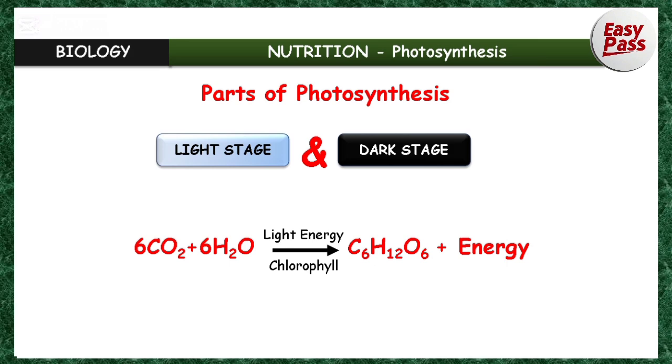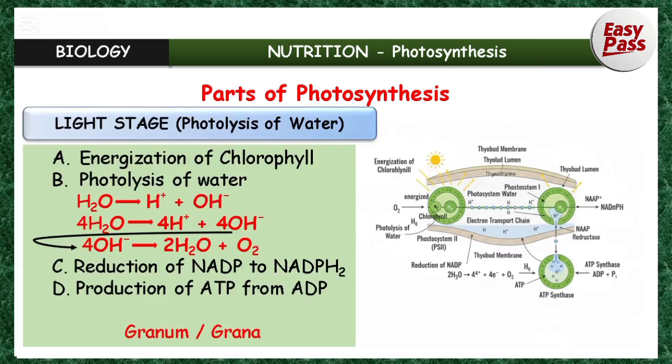Now let's look at the light stage reaction of photosynthesis. So I will write down here, light stage of photosynthesis. In a layman's way, the light stage reaction of photosynthesis is also referred to as photolysis of water.